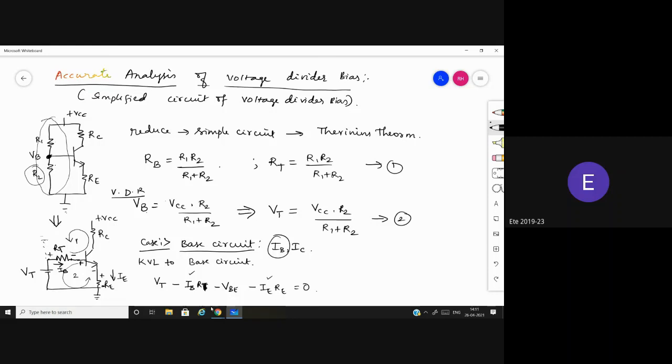For that, we have the equation IE is equal to IB plus IC, and we know the IC equation: IC is beta IB. So IE is IB into 1 plus beta. Take this as equation number 3 and this as equation number 4. Now substituting equation 4 in 3.